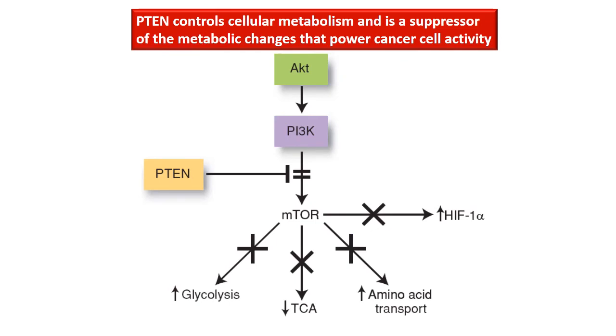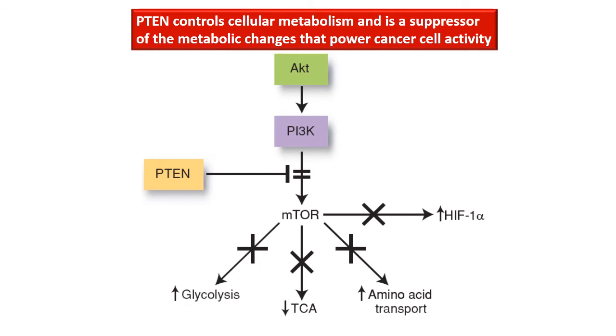So PTEN is a controller of the cellular metabolism, and it suppresses the metabolic changes that power the cell cycle activity. This mTOR has numerous activities such as increasing hypoxia-inducible factor expression, increasing amino acid transport, decreasing TCA cycle activity, and increasing glycolysis.